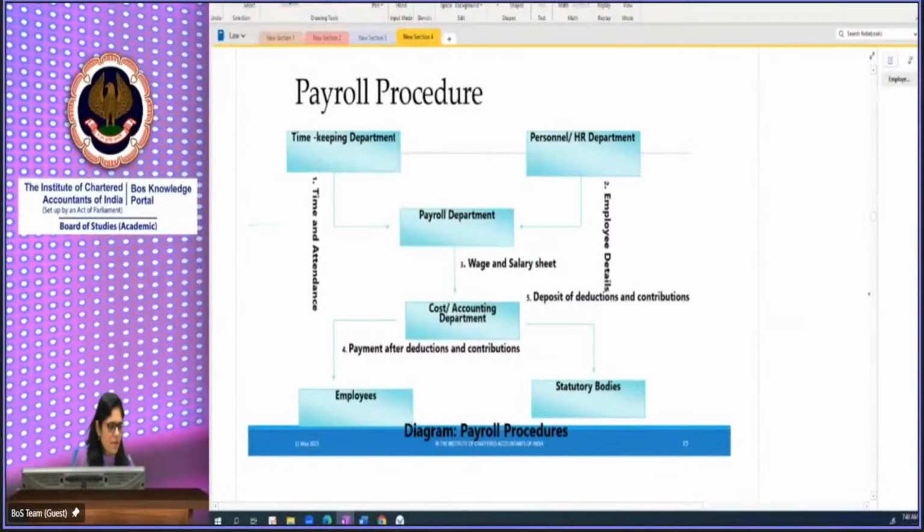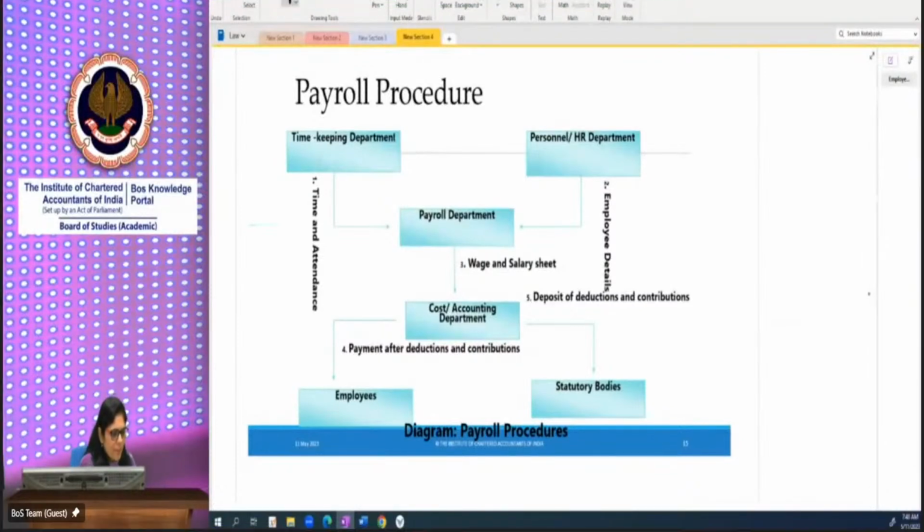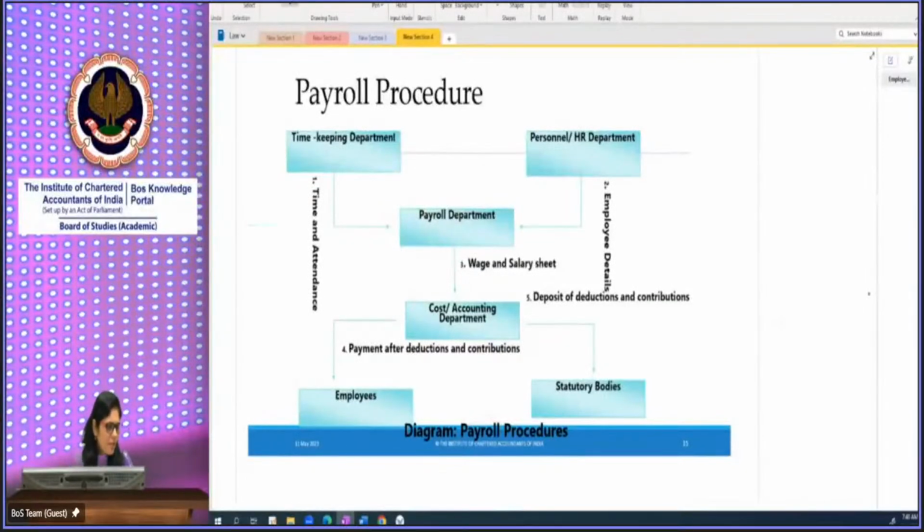Let me see if there are any queries. The cost object is employee and cost unit is hours. Yes, cost in employee cost. The cost object is employee also. And if we have to apportion, if we have to divide the indirect employee cost to different products, then the cost object is product also.